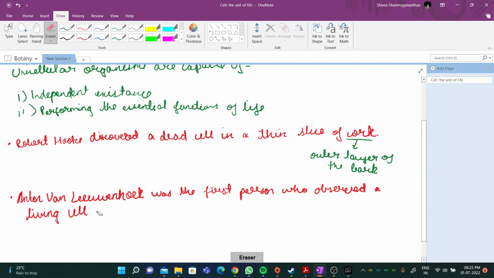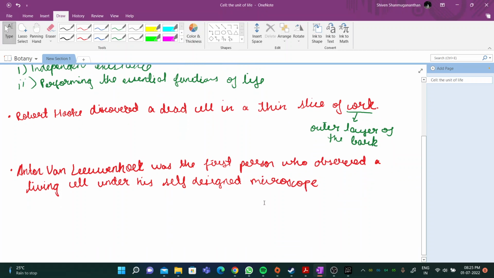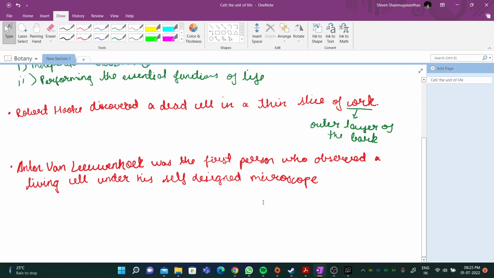And cell under his self-designed microscope. Now, we've gone through this. Now, the third scientist who made a major discovery was Robert Brown.